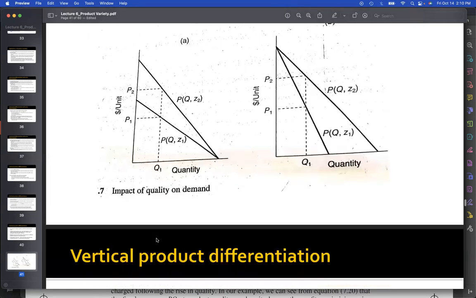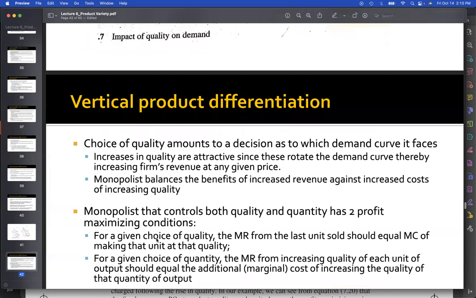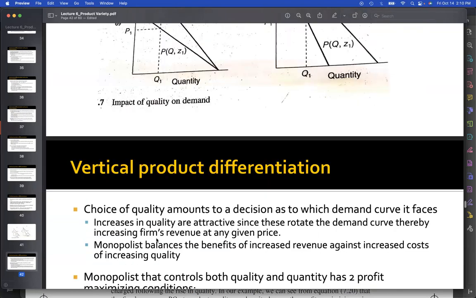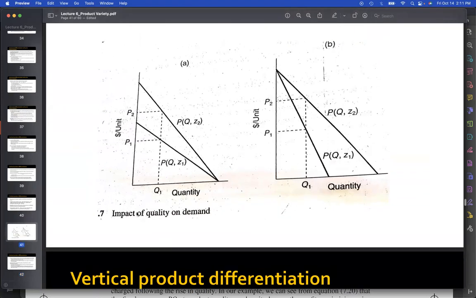So that's why they're buying. The choice of quality amounts to a decision as to which demand curve the firm faces. So an increase in quality is attractive since it relates to demand. As you can see here, for either situation, an increase in quality will shift up the demand curve. Actually, it pivots.